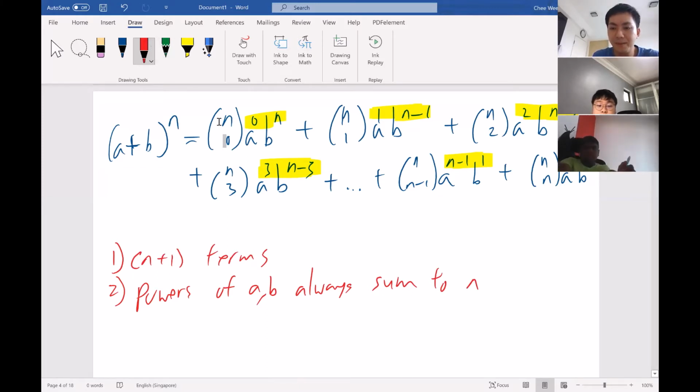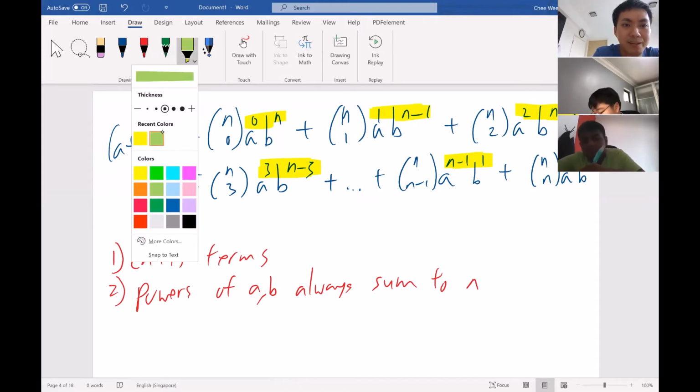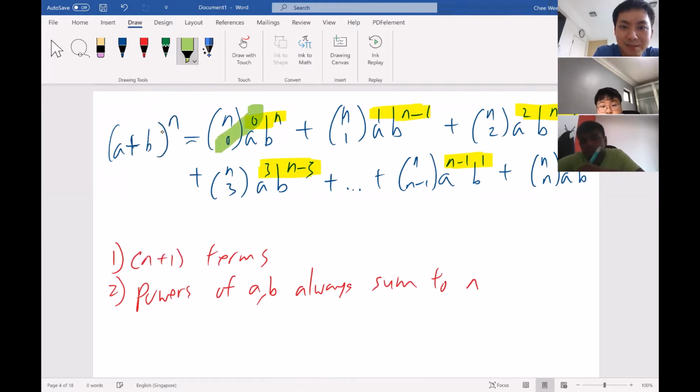Can follow so far? The last thing that you can observe is the power of a always follows the index element. What do I mean by index element? The number below the n in each n choose r. So it's this. Pardon my convoluted highlighting.